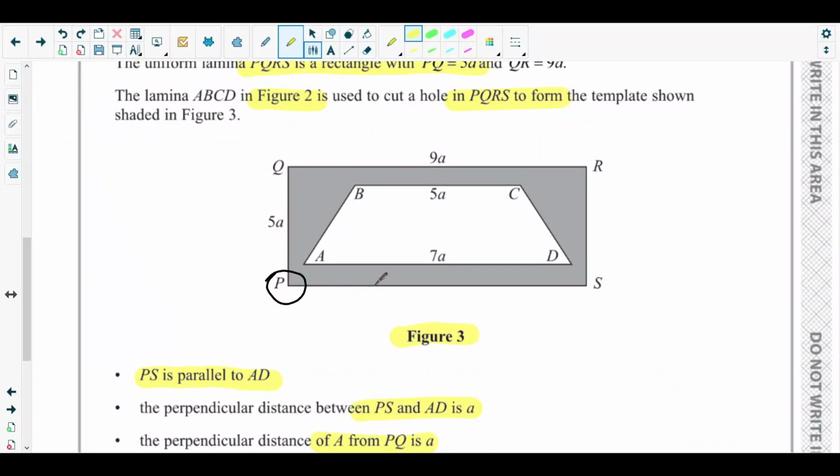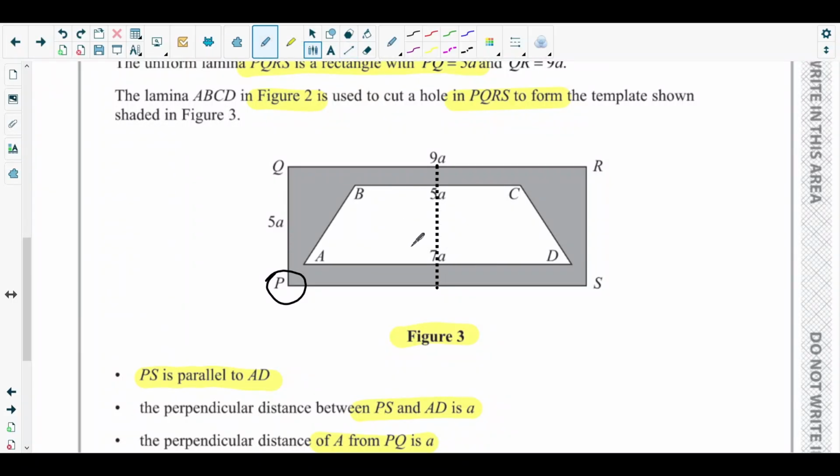Definitely it is symmetrical. We can see from the template that it is symmetrical, so we can easily understand that the center of mass will lie right at this middle. So we got the position.